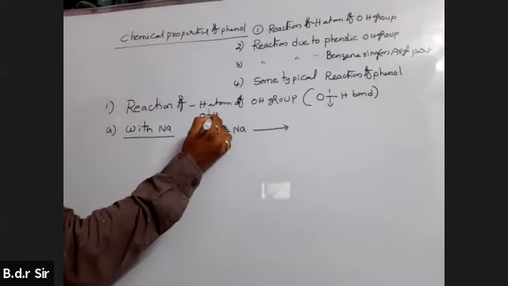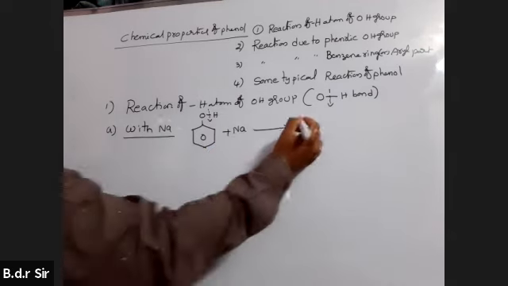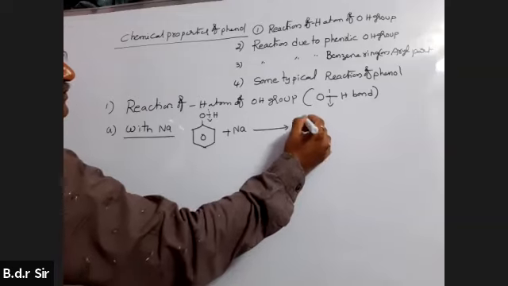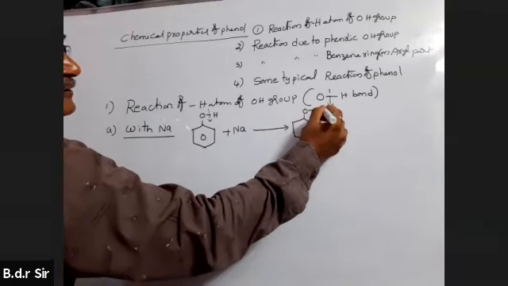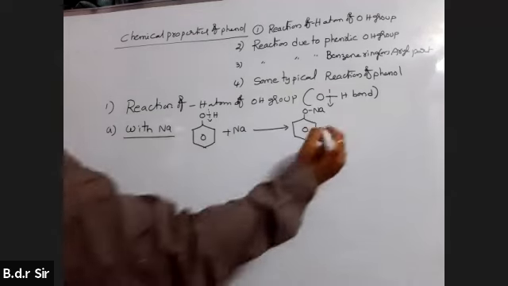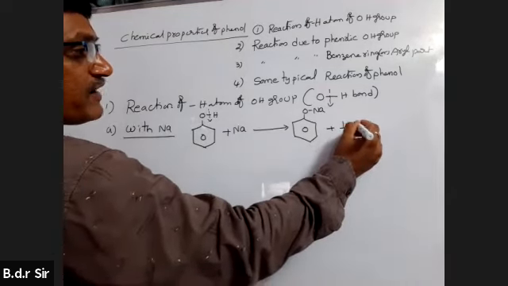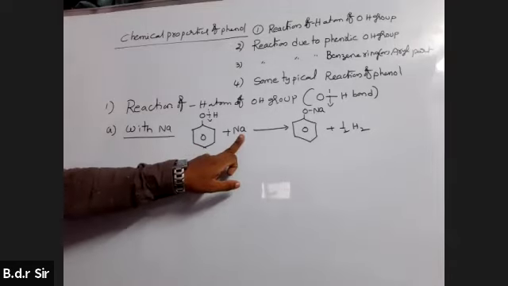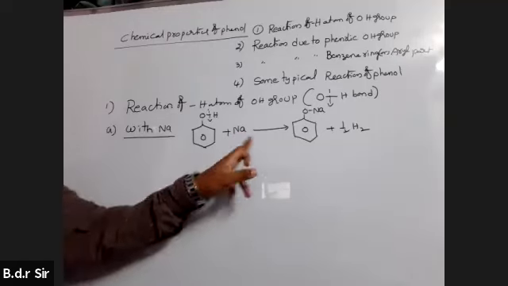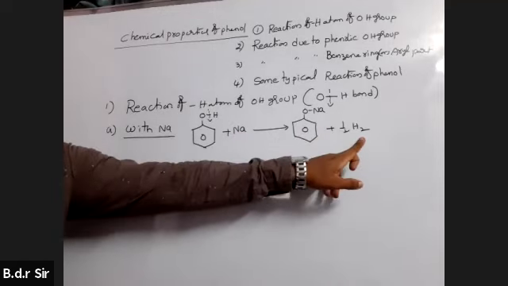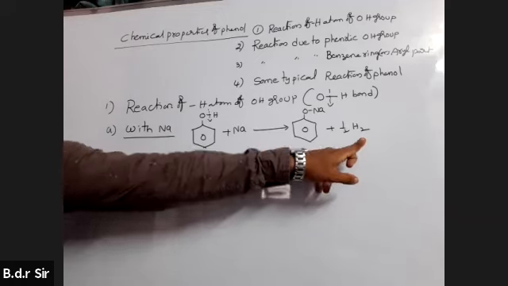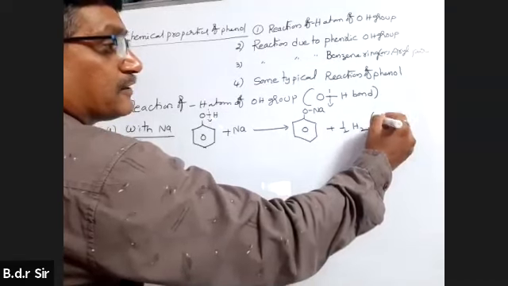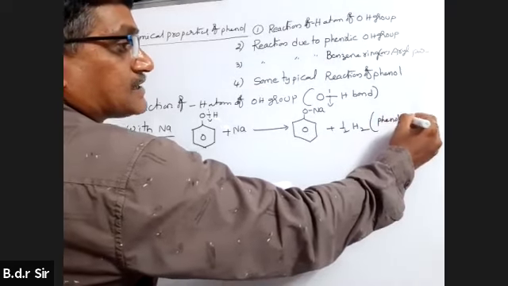Here hydrogen is displaced by sodium to form sodium phenoxide plus hydrogen. I repeat, phenol reacts with sodium metal to give sodium phenoxide with liberation of hydrogen gas. This reaction indicates that phenol is acidic.